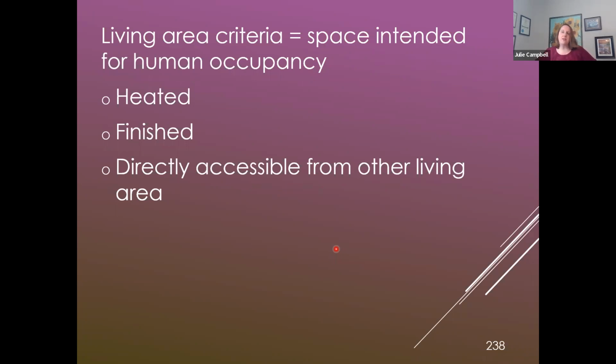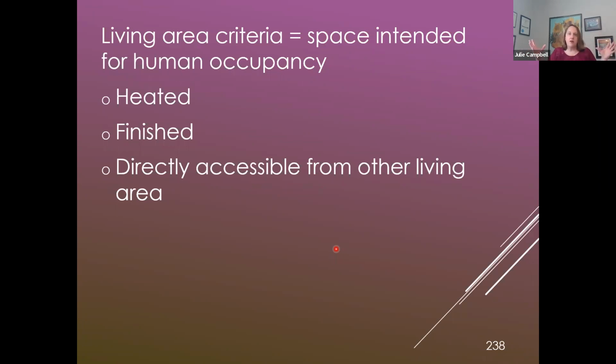And then the third criteria is it's directly accessible from other living area. You need to be able to walk from finished heated space to finished heated space. The home connects for the heated living space. Let's say, for example, you're taking a listing and there's a finished room over the garage. Maybe there's even, let's call it a finished apartment.